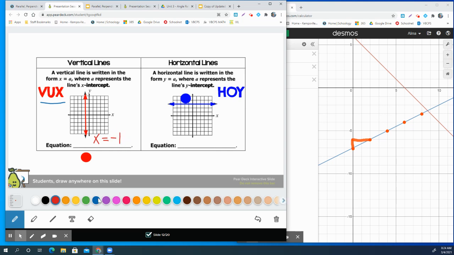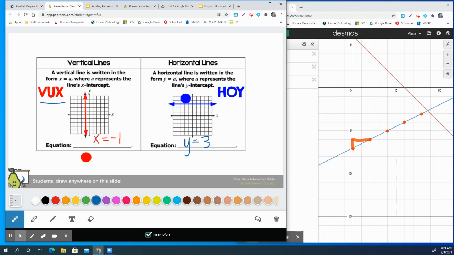-1, absolutely. And then if we look over at the Hoy line, where does it cross an axis? Is that an x or a y intercept? A y-intercept. And where does it cross the y-axis? At 3. So this equation is going to be y equals 3. If you have an x equals and a y equals equation, they're going to be perpendicular. Okay?